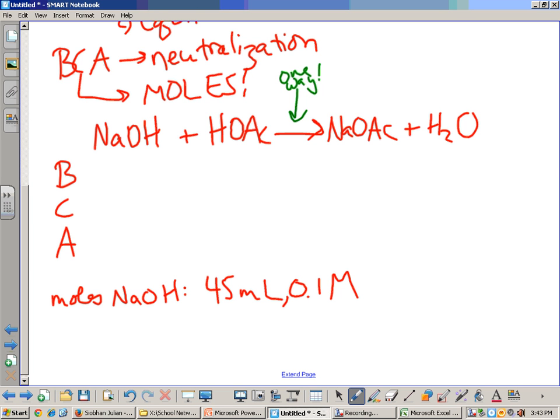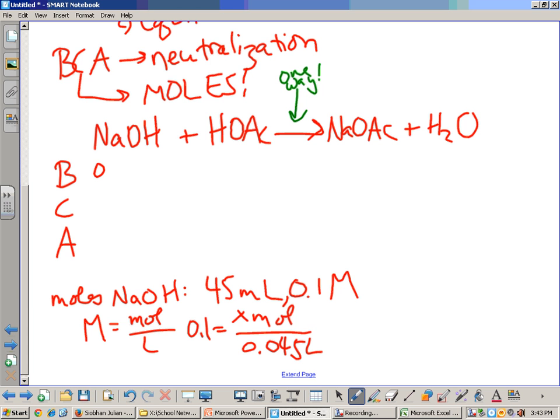So this is simply saying molarity equals moles over liters. So I've got 0.1 equals X moles over 0.045 liters, and we get 0.0045 moles of NaOH. You do the same process with the acetic acid.